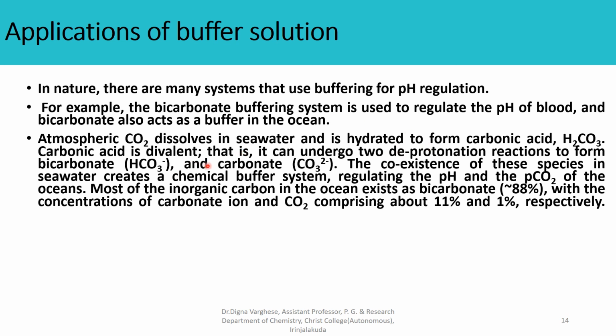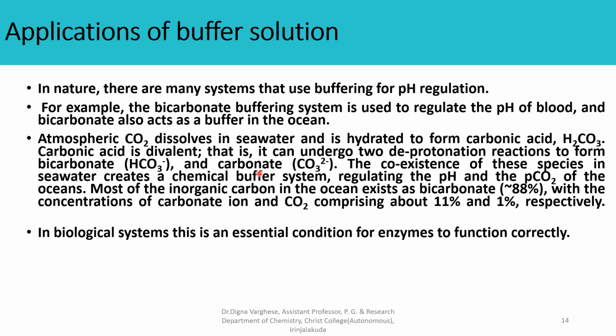The coexistence of these species in seawater creates a chemical buffer system, regulating the pH and carbon dioxide pressure of the oceans. Most of the inorganic carbon in the ocean exists as bicarbonate, with carbonate ion and carbon dioxide comprising about 11% and 1% respectively.